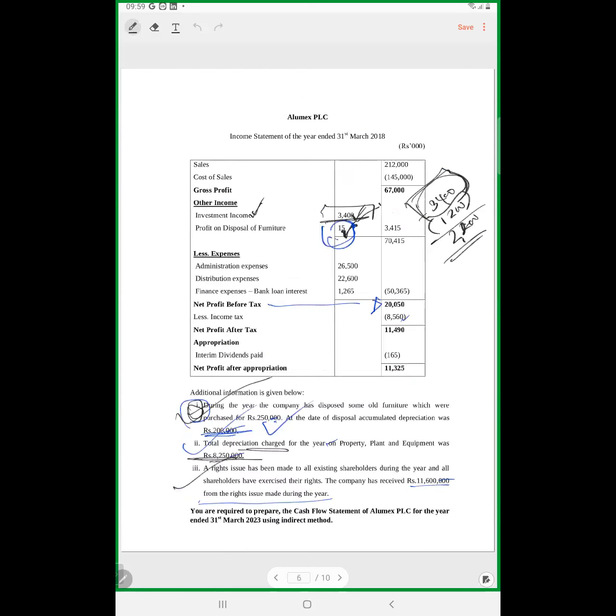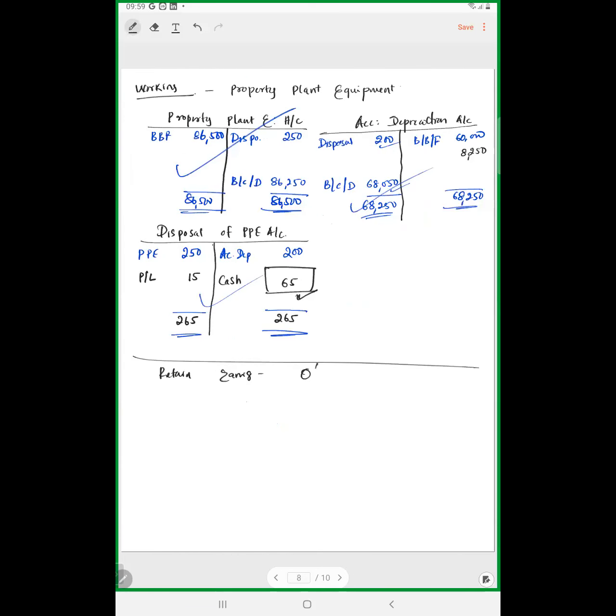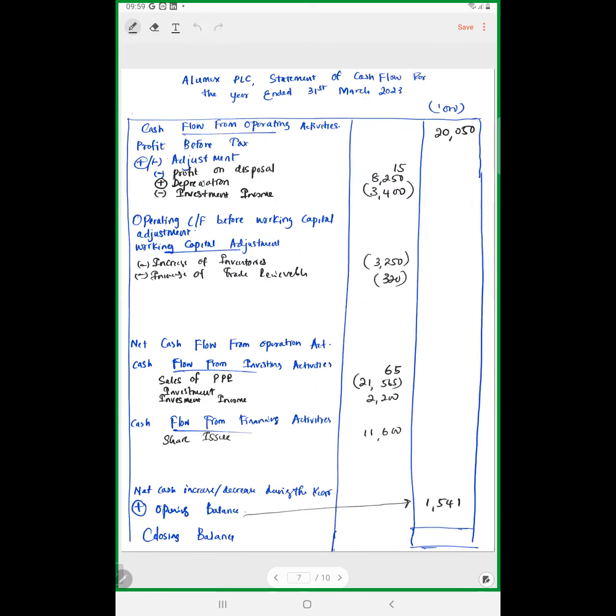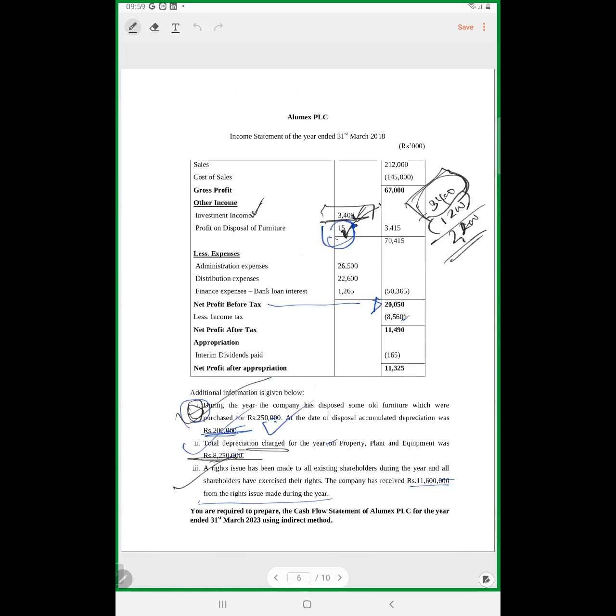Retained earnings, opening balance was how much? Opening balance 1,341. Ending balance 12,666.